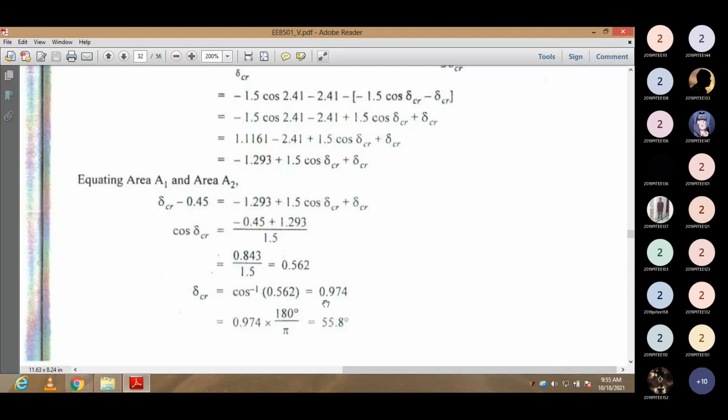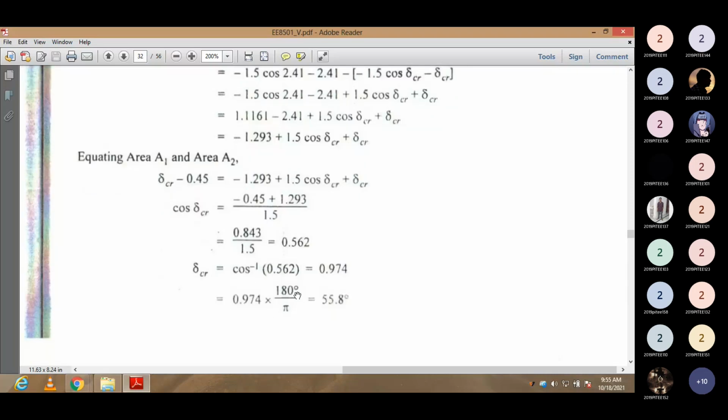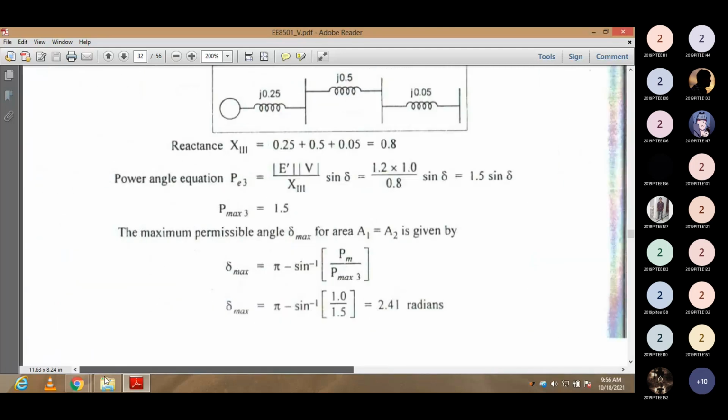It is 0.974 radians. If we need degrees, 0.974 times 180 by pi, which is 55.8 degrees. So this is my critical clearing angle. In this manner, we find the critical clearing angle. This is the analytical method to solve for it.